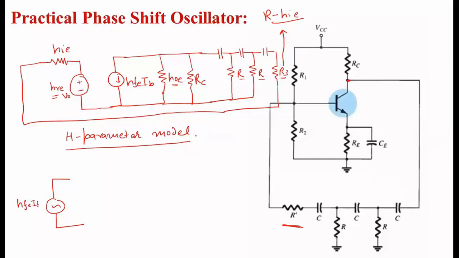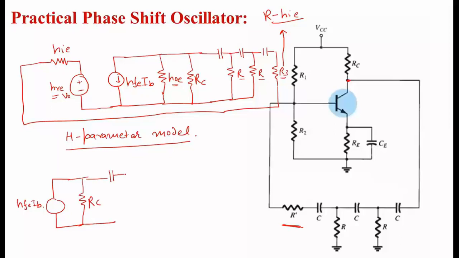Here we have HFE IB, and this is the current. This is the RC.